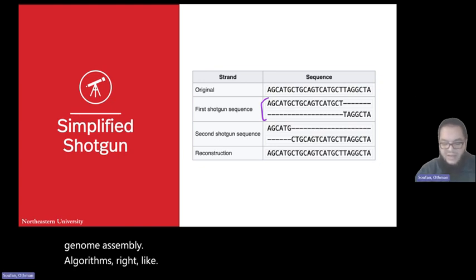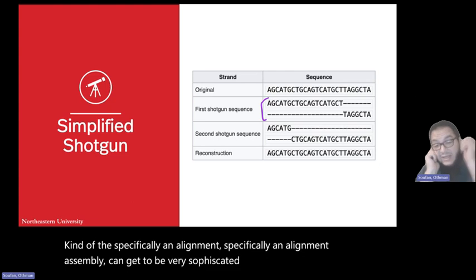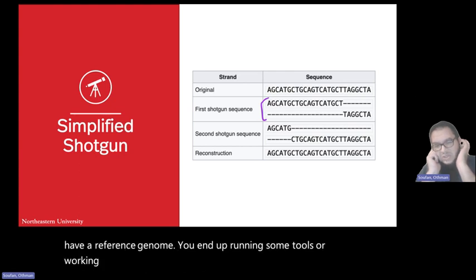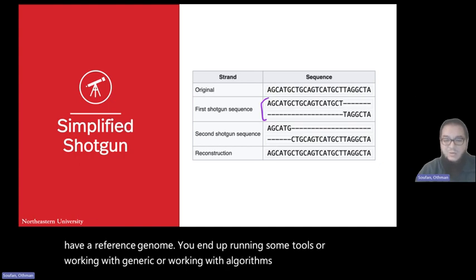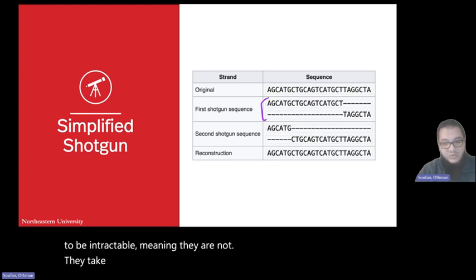Assembly can get to be very sophisticated, especially if we don't have a reference genome. You end up working with algorithms that are known to be intractable, meaning they take lots of computational resources and yet might not guarantee the best solution.